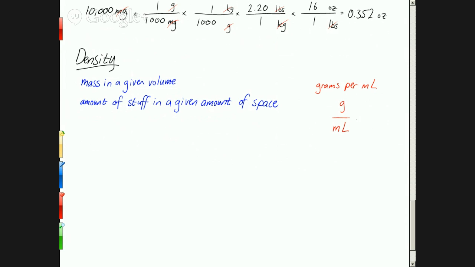Could write it as a fraction as grams divided by milliliters. Another way to write that you also might see is grams per cubic centimeter. If you imagine a little cube that is a centimeter on each side, that is exactly 1 milliliter. So a milliliter and a cubic centimeter are the same amount of volume. So you may see that both ways. What is the density of water?